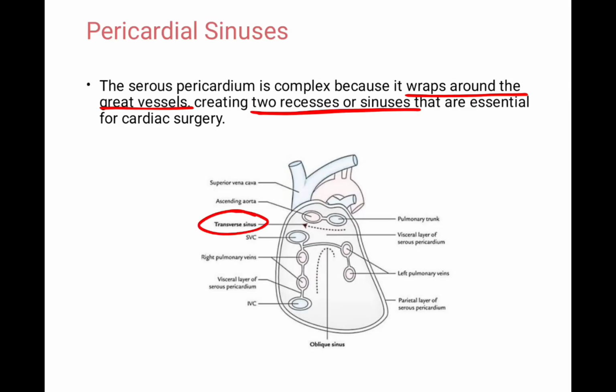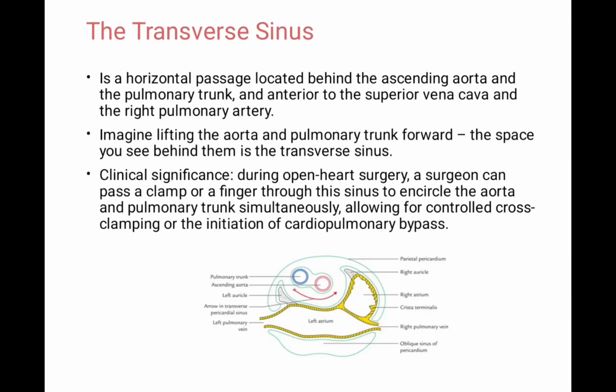We have the transverse sinus and we have the oblique sinus. The transverse sinus is a horizontal passage located between the ascending aorta and the pulmonary trunk. Take note of the blood vessels that it is located between. It is located behind the ascending aorta and the pulmonary trunk, and anterior to the superior vena cava and the pulmonary veins.